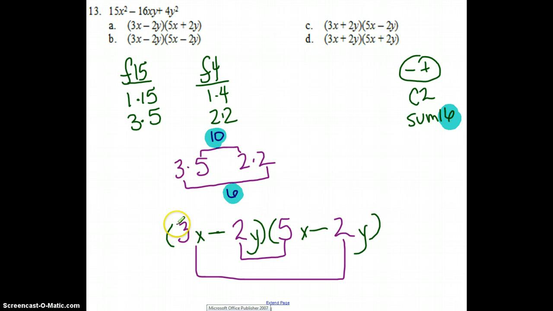So that means our final answer is going to be 3x squared minus 25y times 2x squared, or times 5x minus 2y. So if I'm going to look at the answers on 13, means B is going to be my answer.